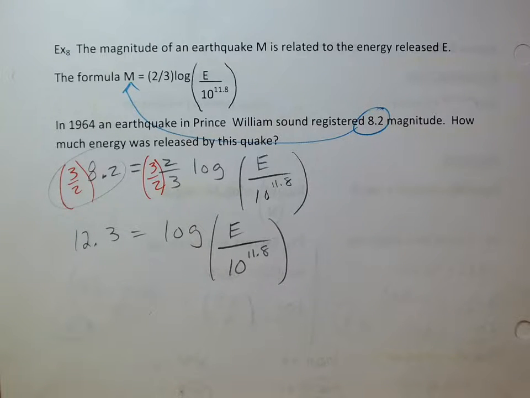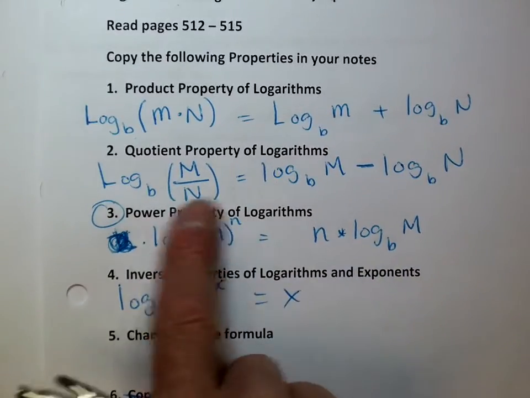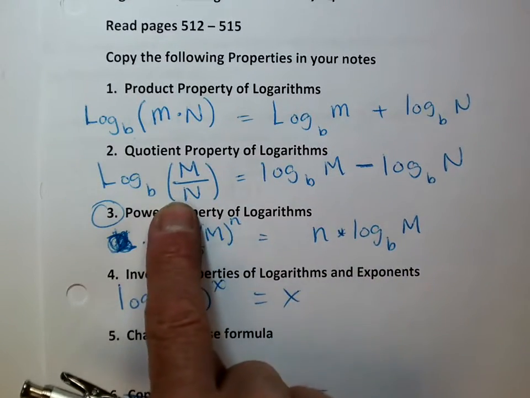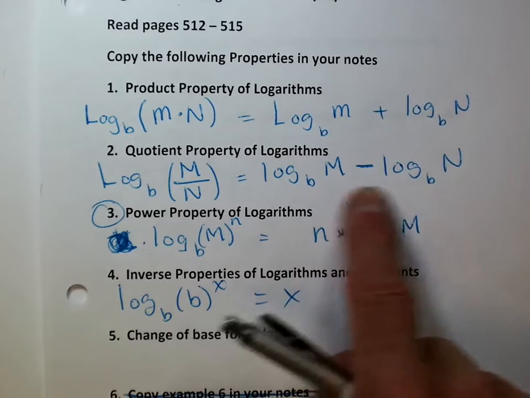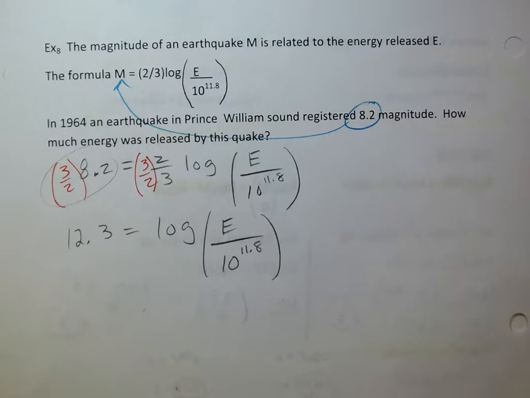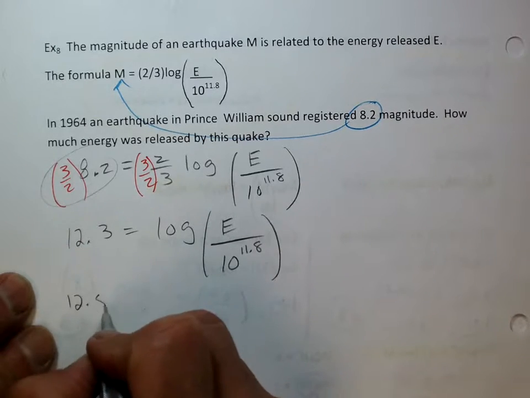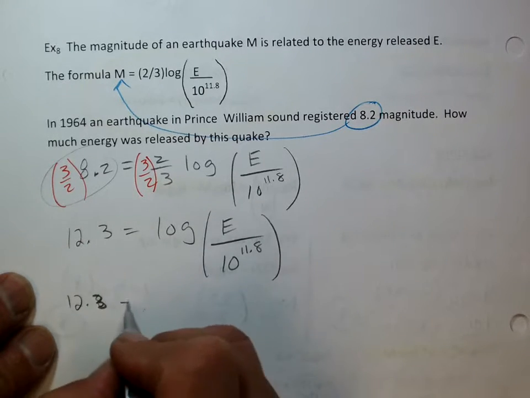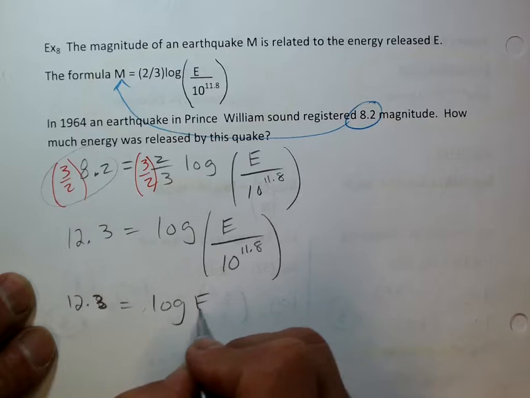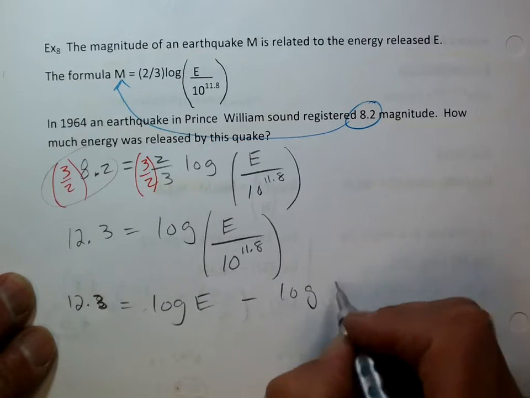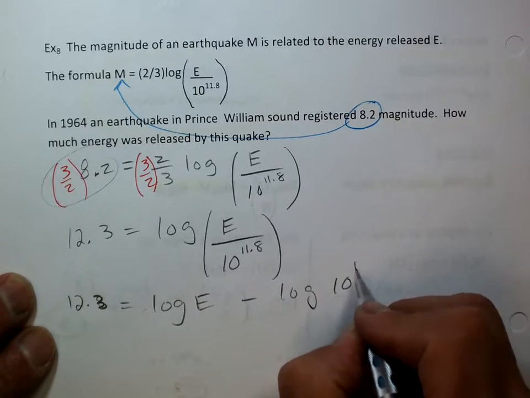All right, let's apply a log rule here. We'll separate them. So I'm going to go 12.3 equals log E minus log 10 to the 11.8, okay?